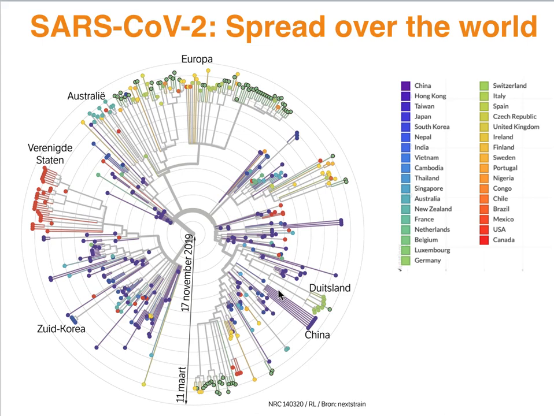Because every time the virus replicates, there are tiny little mutations in its RNA, and following these mutations can tell you something about where they come from. So researchers estimate that the first virus developed or jumped to humans on November 17th and was mainly present then in the Chinese population. So the purple dots are Chinese populations.